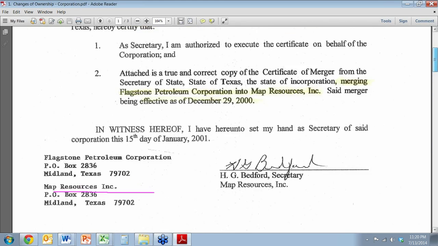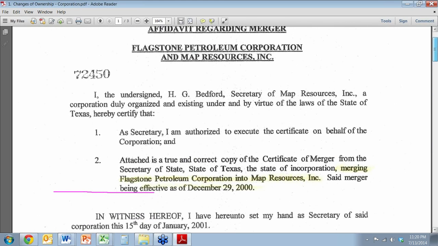So what I would do here is I would just send a letter to the Secretary of Map Resources and send him a transfer order saying, even though it's not officially a transfer, it's a merger, we are changing the name of our records from Flagstone Petroleum Corporation to Map Resources. And we're going to want that secretary to sign that instrument, that transfer order. And we have what's called indemnity language in there.